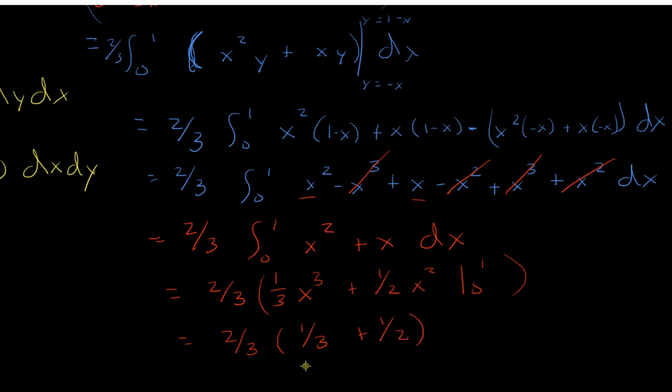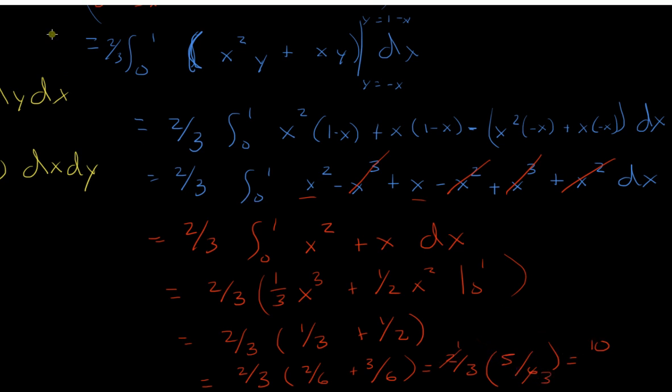Now I need to add these and simplify this. The common denominator is 6, so this would be 2/6 plus 3/6, which is 5/6. Multiply straight across: 2/3 times 5/6. Actually, this simplifies a little bit, so that goes to a 1, and that goes to a 3.